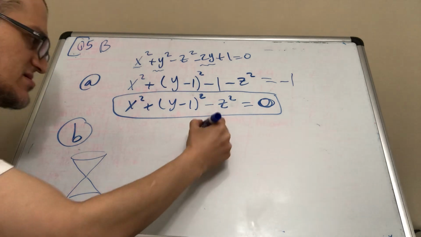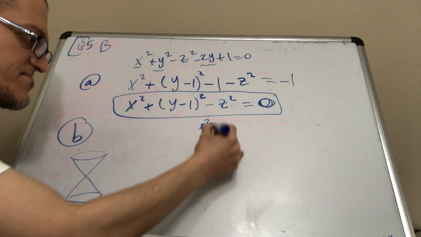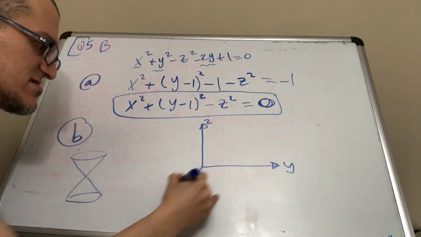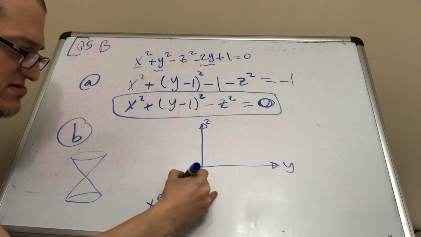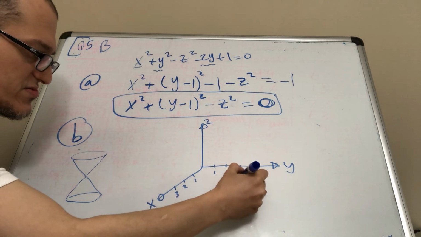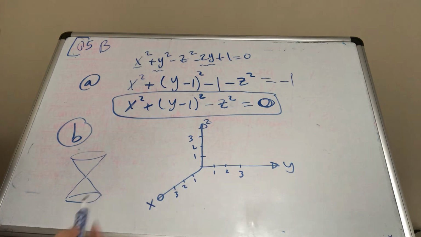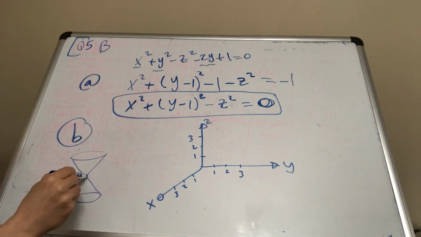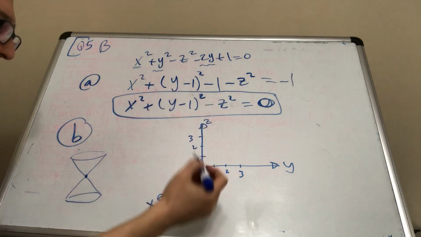So to do this, we need the z axis, the y-axis, and the x. So let's say this is 1, 2, 3, 1, 2, 3, 1, 2, 3. Now, the focus point of this would be 0, 0, 1.